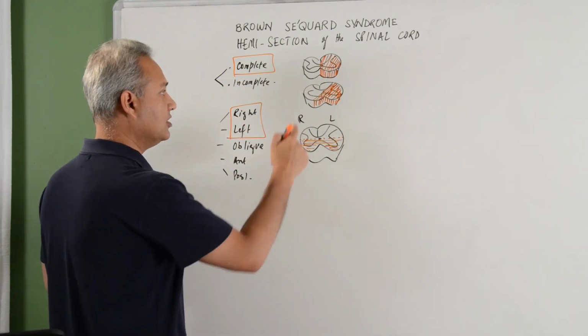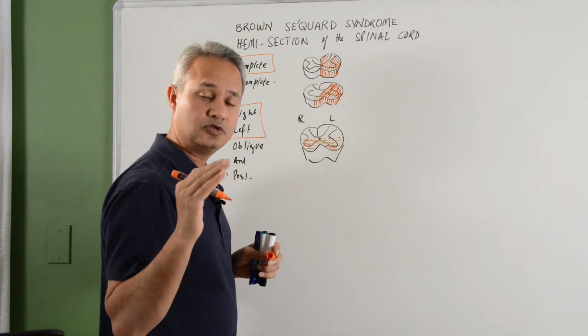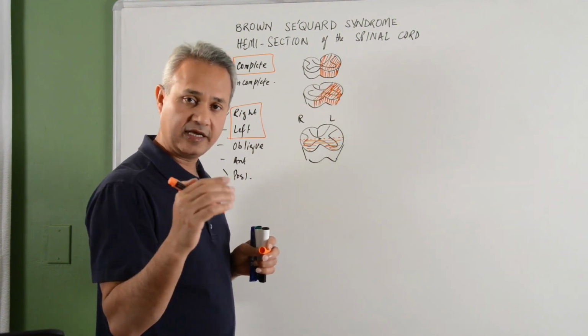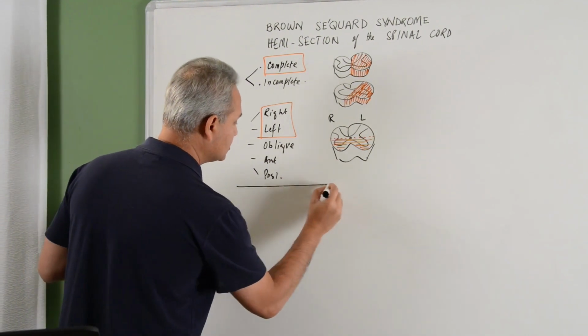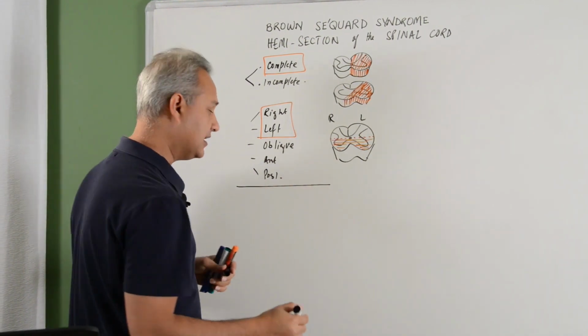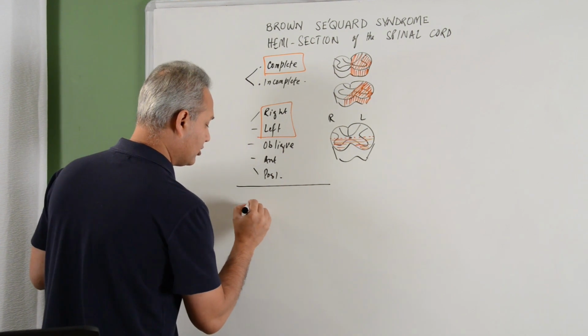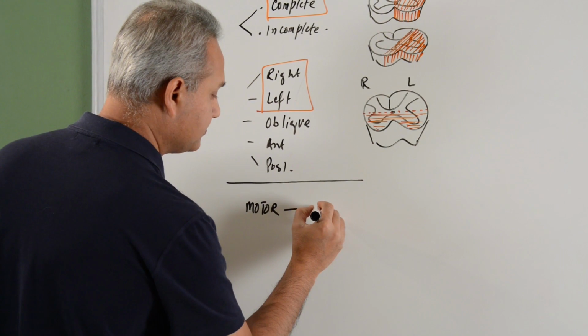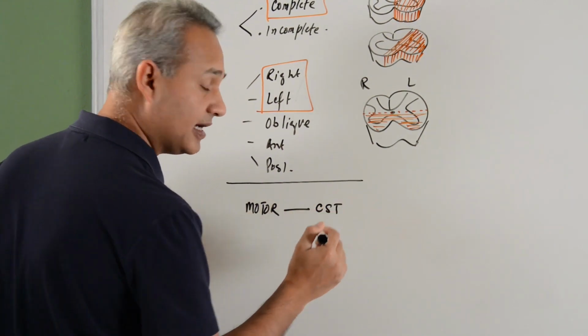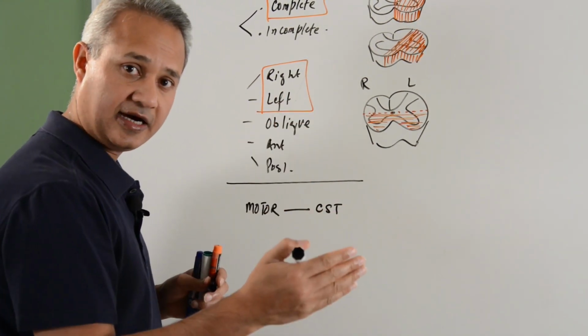Why do they want to ask you? What they are trying to understand is, do you understand correctly the ascending tracts or the sensory? So what are the symptoms they want to understand? They are testing you for motor symptoms, that do you know that we have the corticospinal tract or the descending tracts.